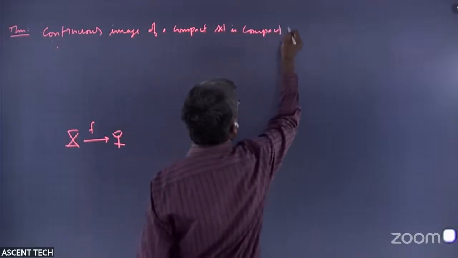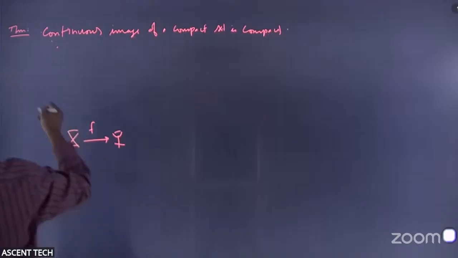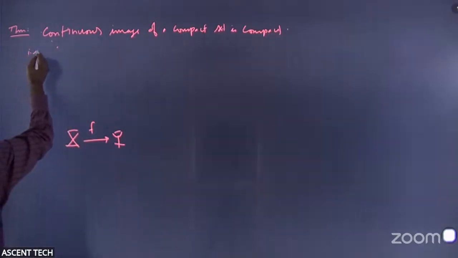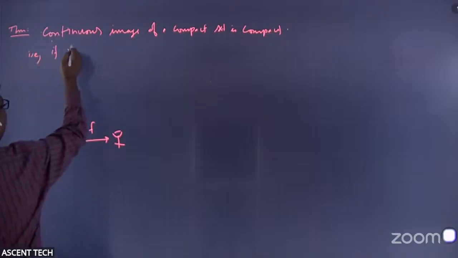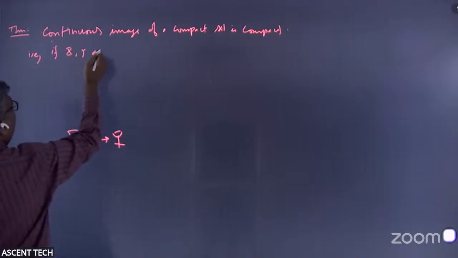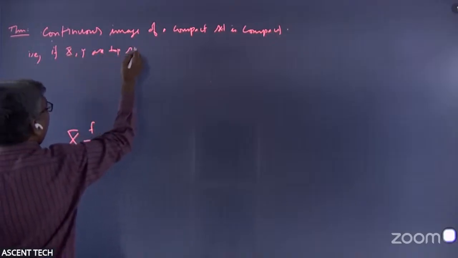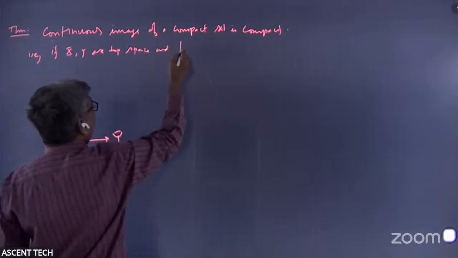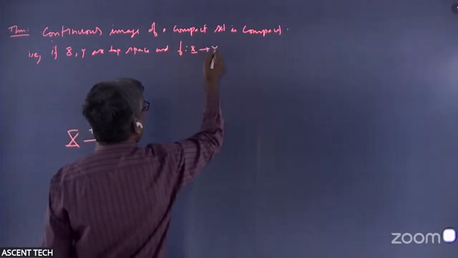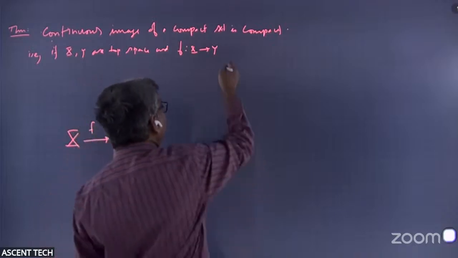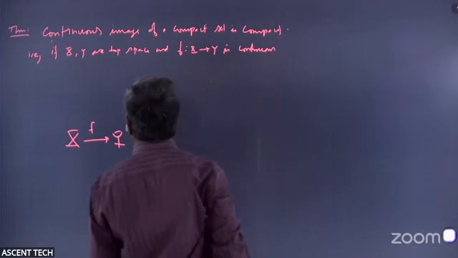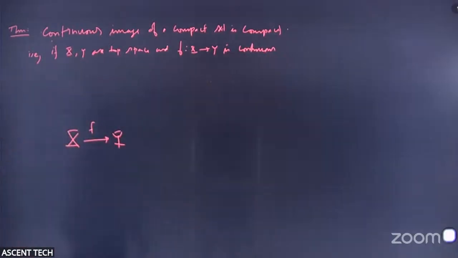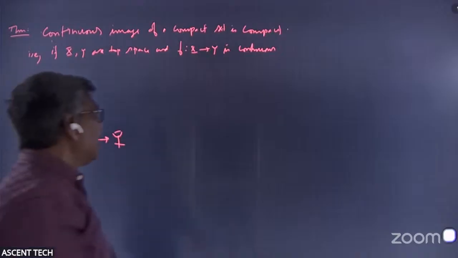I will write that even more precisely. If X, Y are topological spaces and f from X to Y is a continuous function, okay, if X is compact, then f of X is compact too.